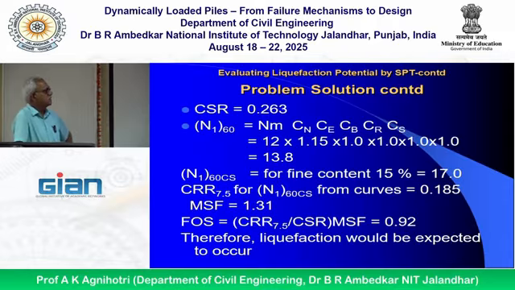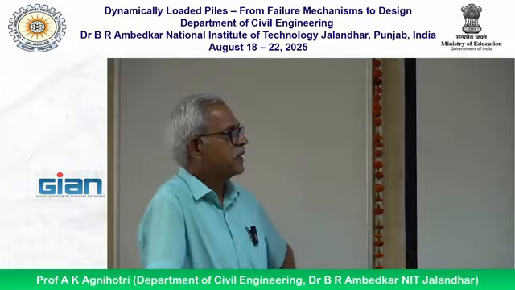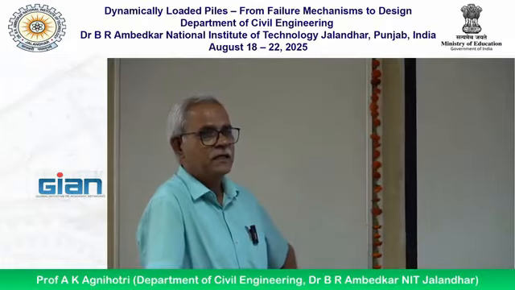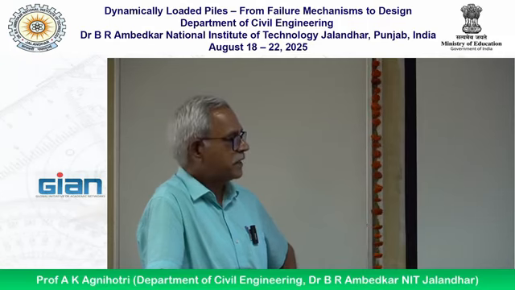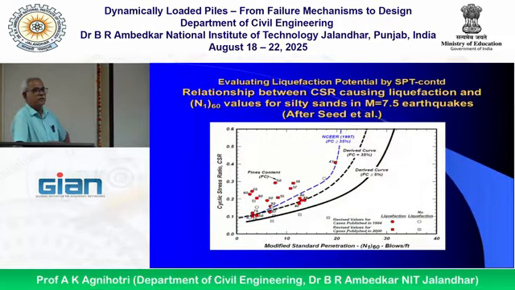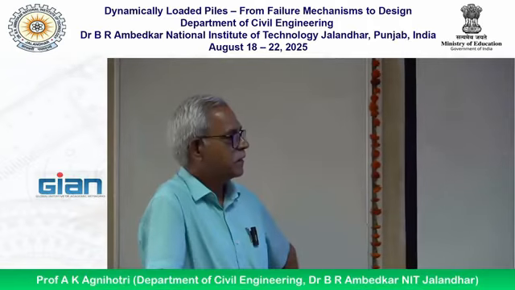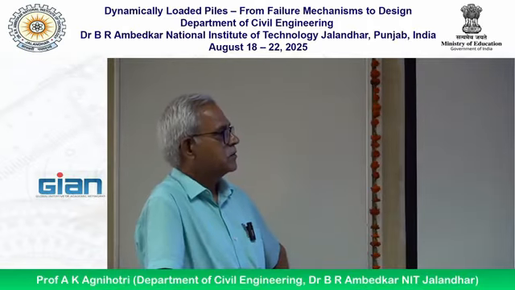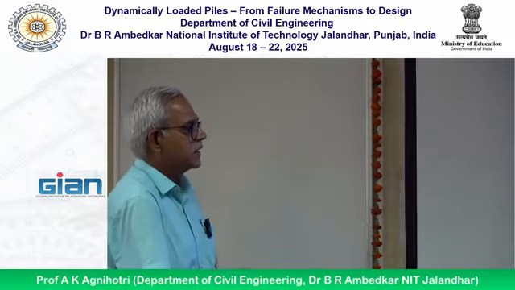Now from the curves which I have shown, because we have converted to clean sand, corresponding to 17 the approximate value from this curve is 0.185. So 0.185 is CRR.